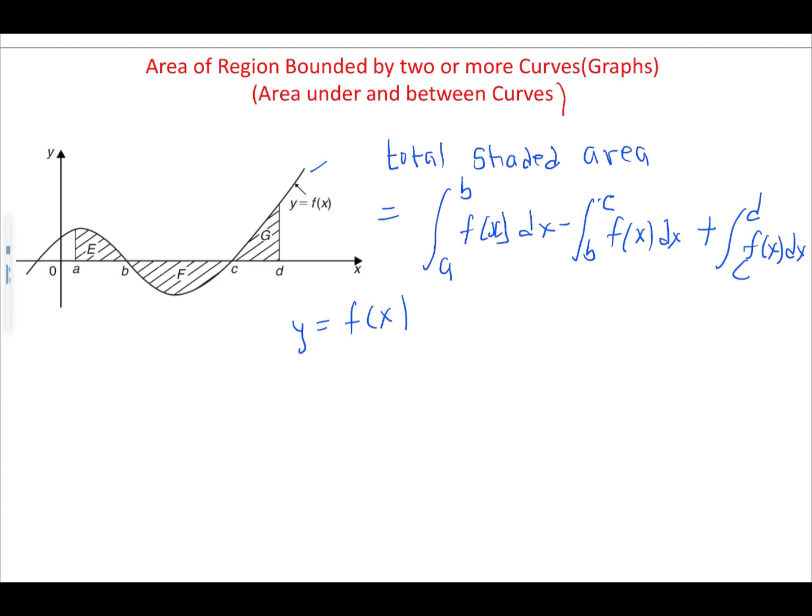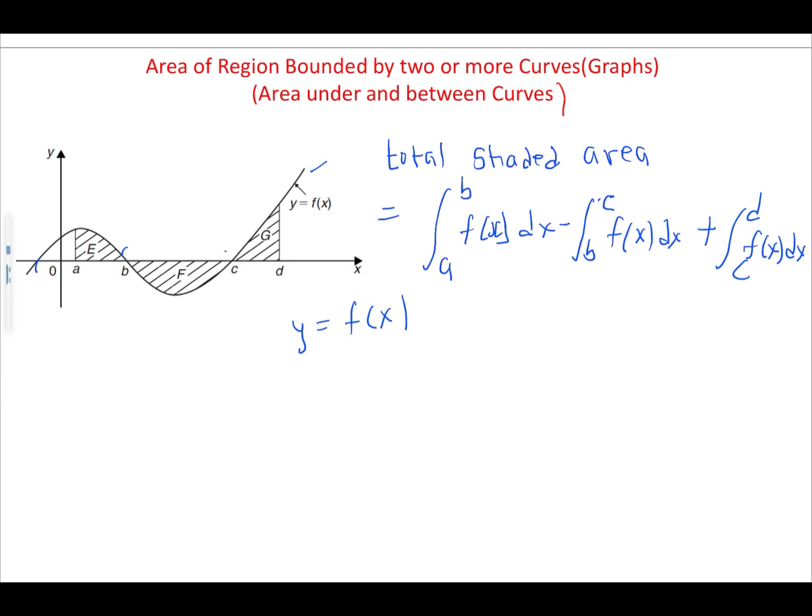And that function, because it's a polynomial function with a power of 3, you can see how it has been curving along the x-axis. It cuts the x-axis at 1, 2, 3. See, the power of 3. So we have one function, y equals f of x, but that function curves above and below the x-axis.